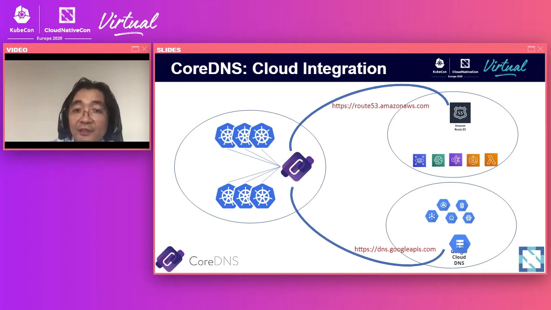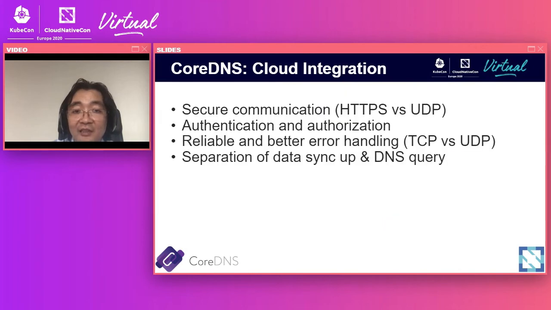In this way, the traffic is done through HTTPS, which is much more secure, which also means you can carry the same authentication and authorization through IAM and policies and the rules.